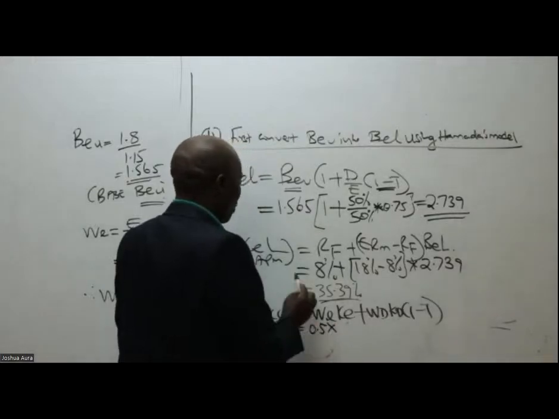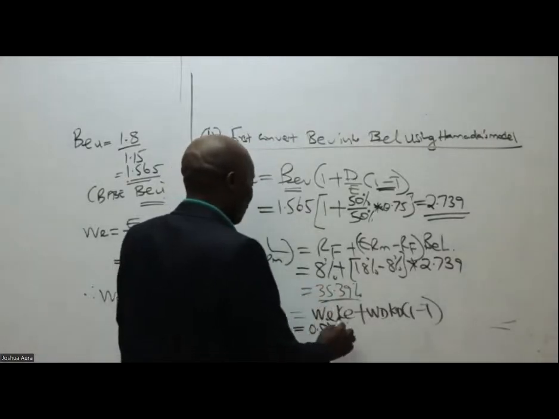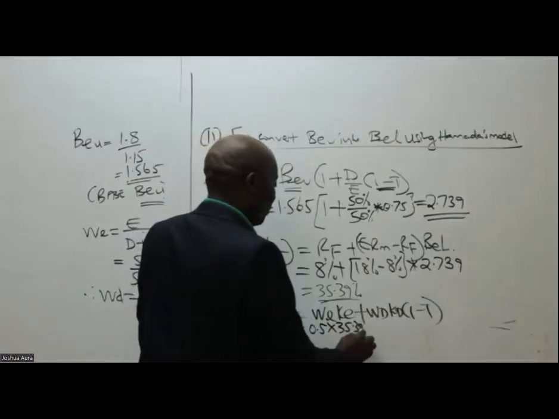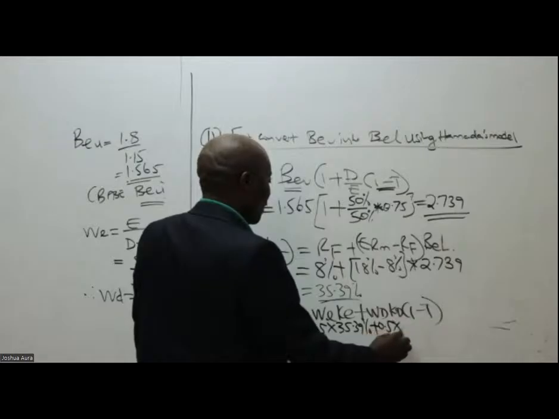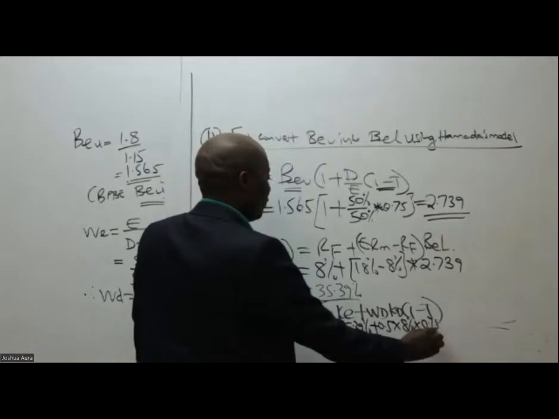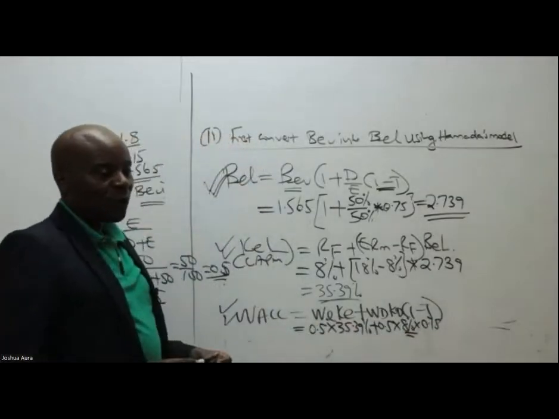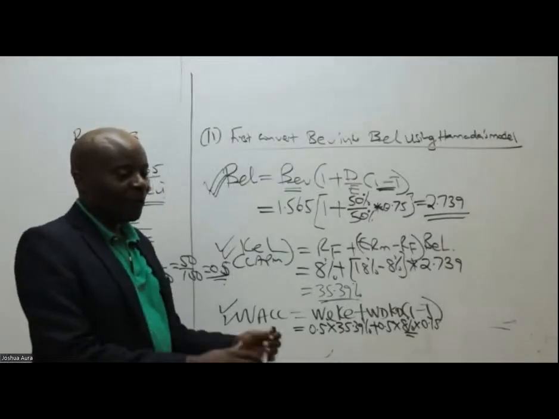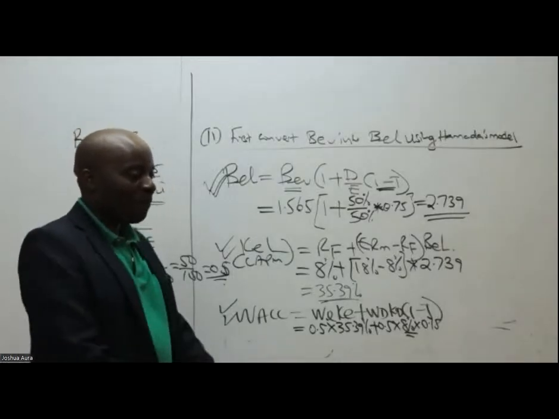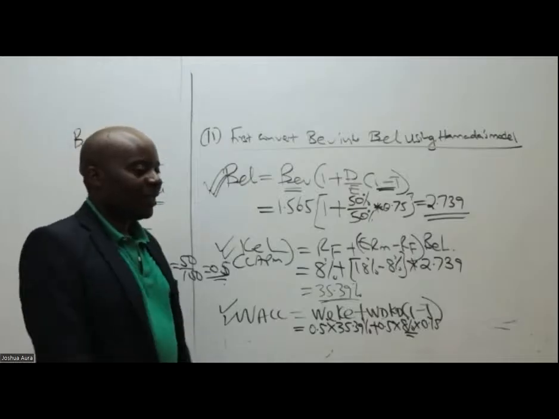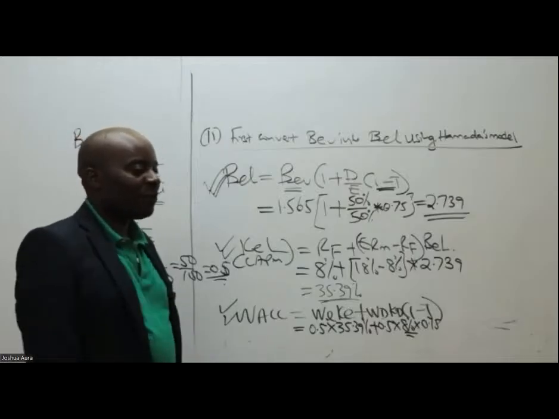The cost of equity is what we already have here, 35.39%. Weight of debt is 0.5 times cost of debt is 8% times 0.75. I'm so sure you guys do not know where I got 8% from. Is there anybody who knows where I got the 8% from?